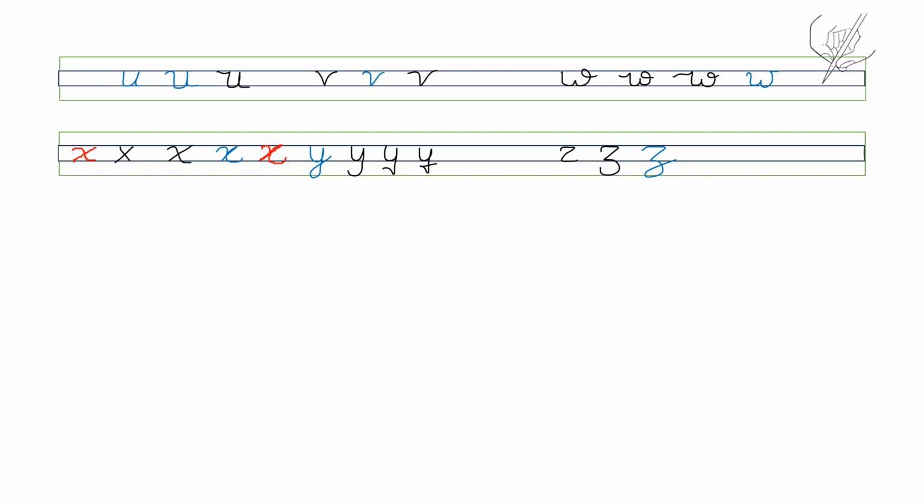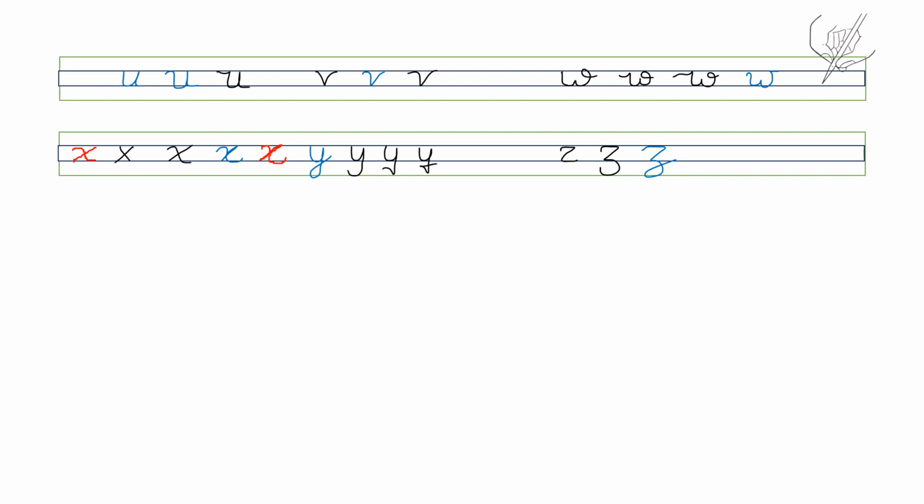Y as was in G, as is in Z, as was in J. So again, the bottom loops are different. First one is used for continuous handwriting. Second is used for when you have to write the alphabet separately.